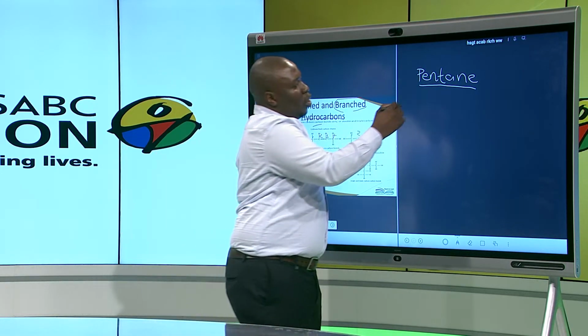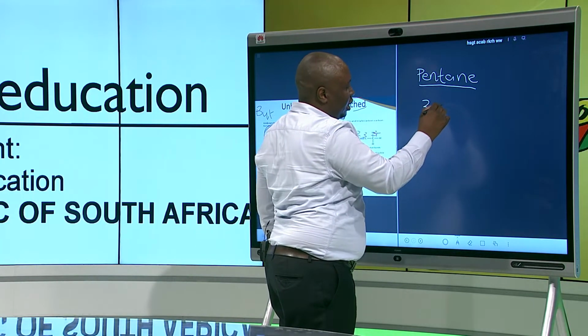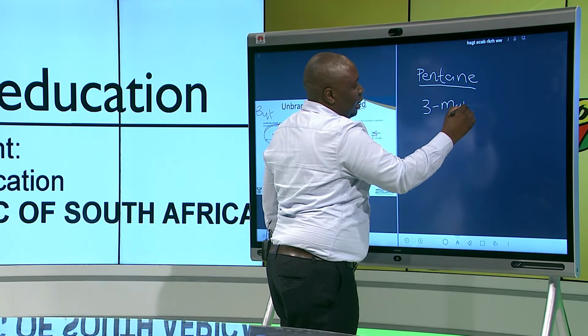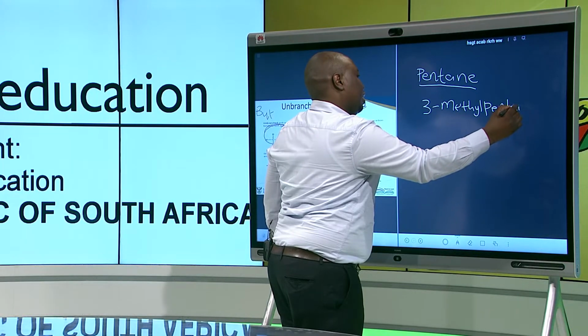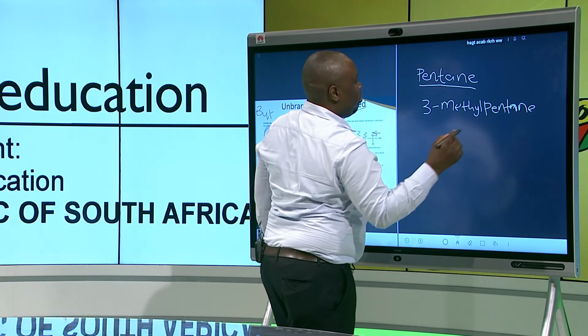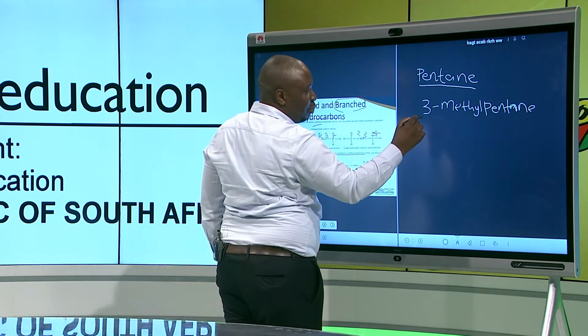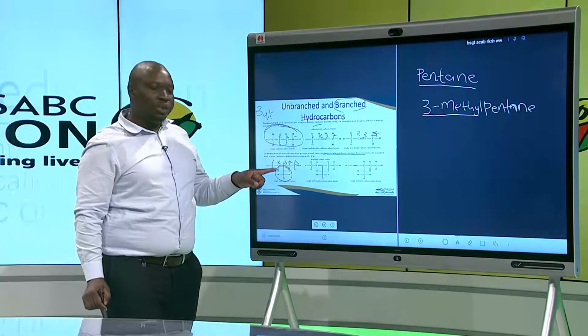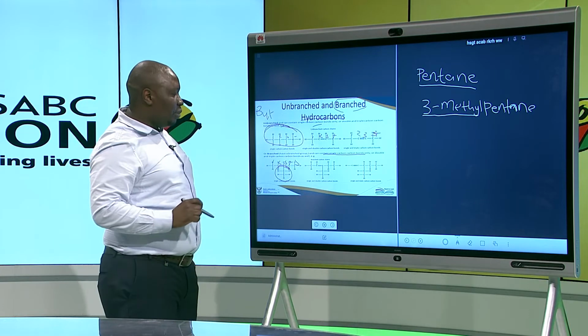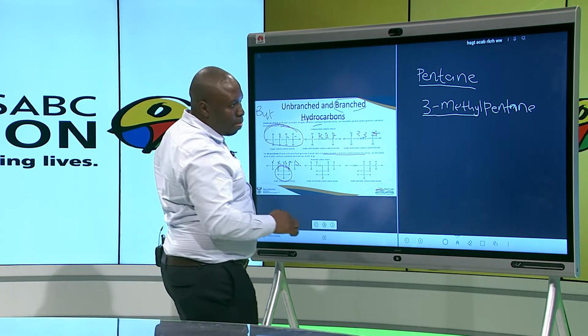So what you're going to call this is 3-methyl pentane. So you are saying the methyl group is in carbon number 3. When you look here, you will see that in carbon number 3, you have the methyl group.